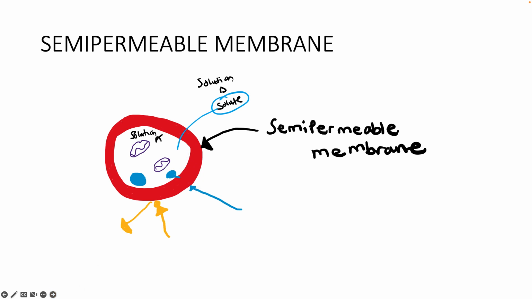However, if the body detects that there's more solute inside the cells, then water will rush inside the cells to dissolve the solute in the cells. So water is always comparing the two sides, trying to equal them out so that it can be in an equilibrium state.